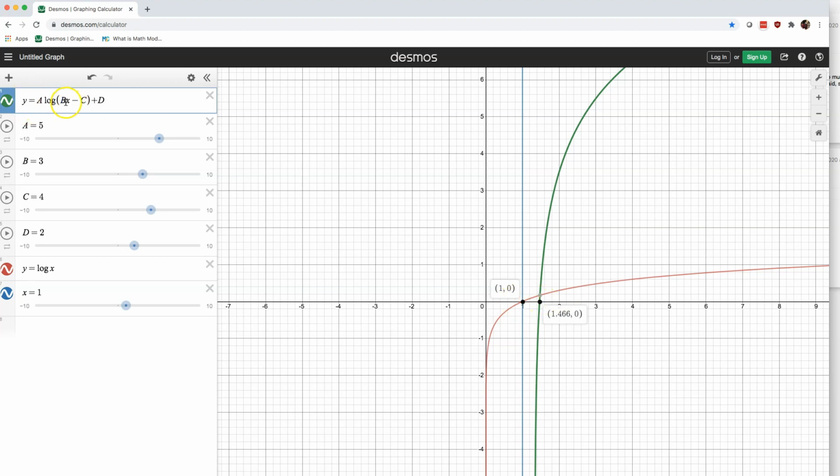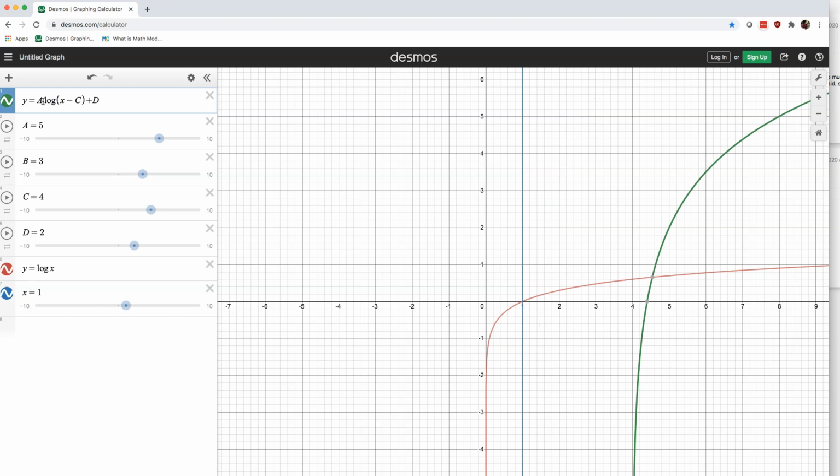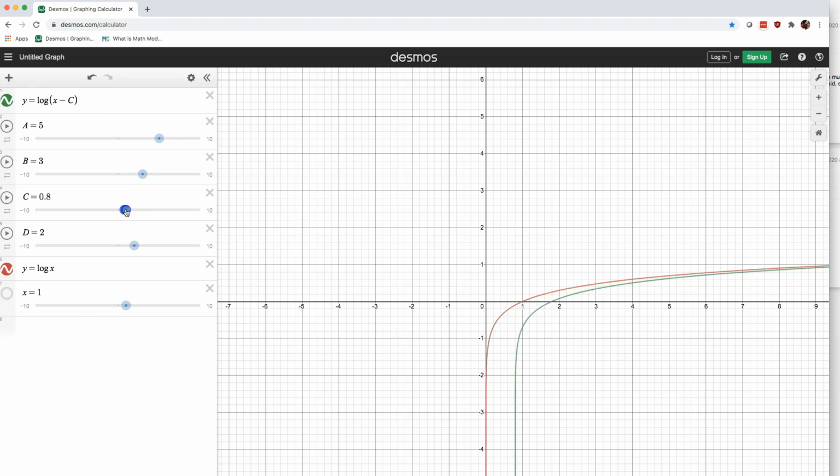So if I just want to isolate this particular parameter, just c, and we can compare what happens. Let's set c to 0 and start over. So red is my original and green is my new function that's been slid over. Here it's been slid over 2, or shifted over 2 to the right.